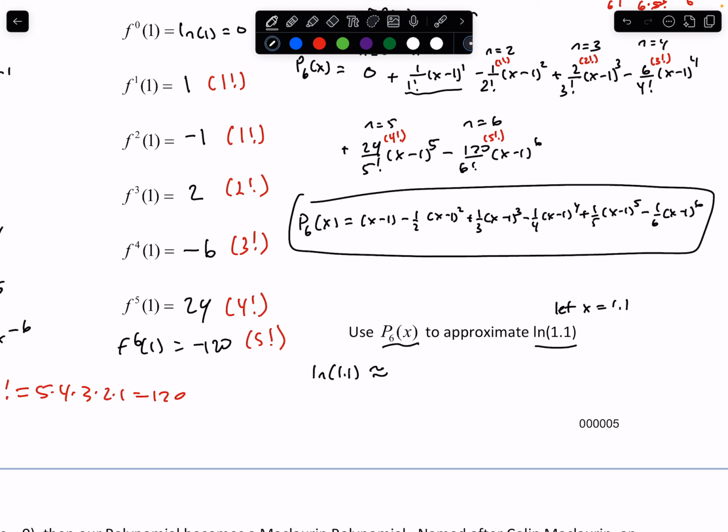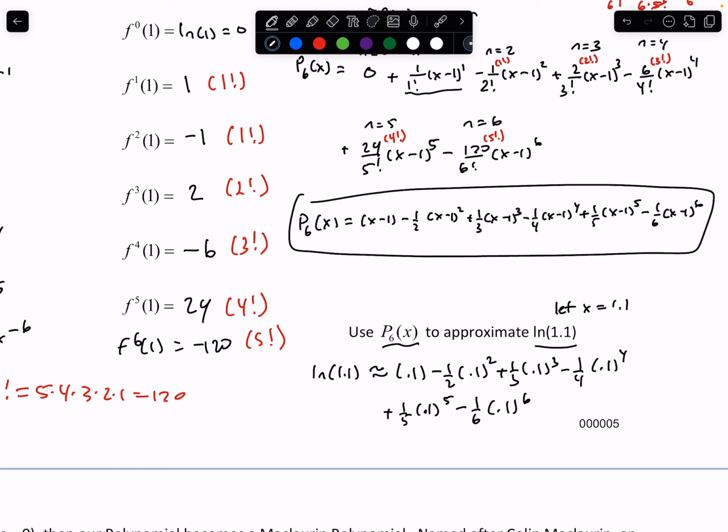So plug 1.1 into our polynomial, and that's going to give us 1.1 minus 1, or 0.1, minus 1/2 times 0.1 squared, plus 1/3 times 0.1 cubed, minus 1 over 4, 0.1 to the fourth, plus 1/5, 0.1 to the fifth, minus 1 over 6, 0.1 to the sixth.